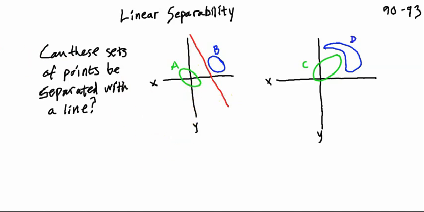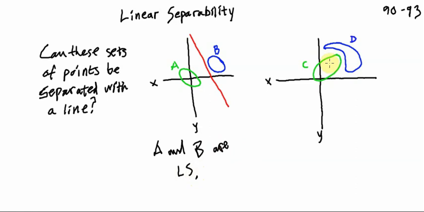Let's go back to black ink. A and B are, I'm just going to write LS, linearly separable. But over here you have C and D, and all the points in C, all the points in D. Of course, they are different points.